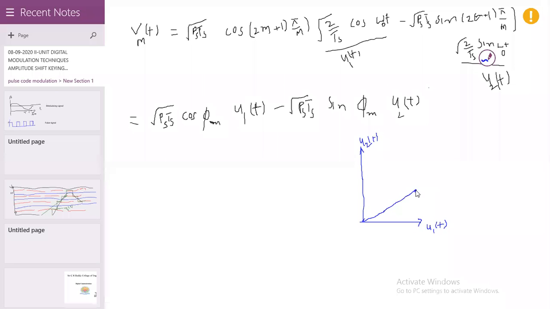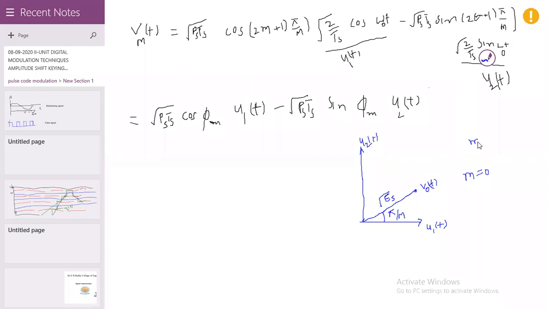Here we can indicate that this is V naught of t, because small m is equal to 0. The angle can be indicated by pi by m, and this resultant value is root of Es. This is for small m is equal to 0.